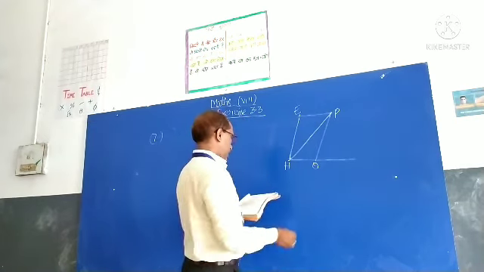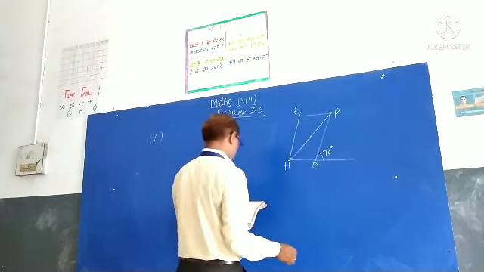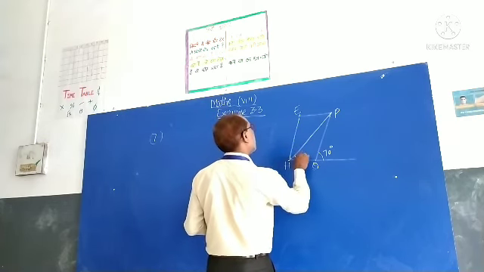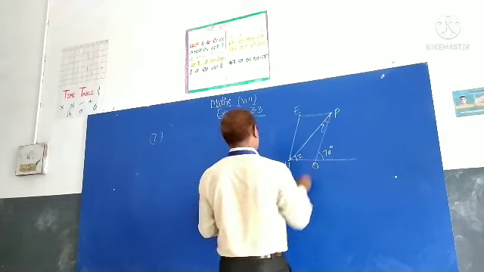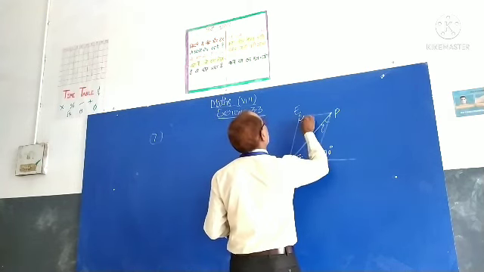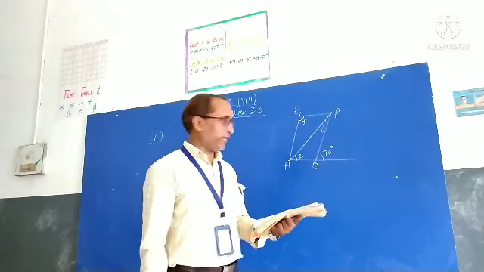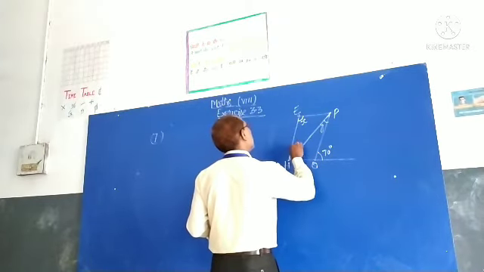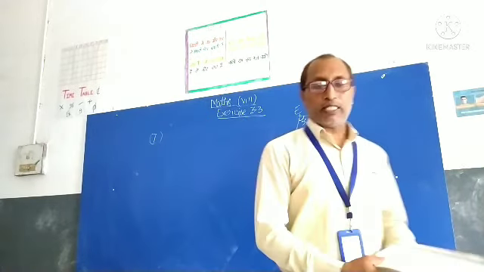Here is 70 degrees, and here is z, here is y, and here is x. You find out the value of x, y, z from the given information. Here is 40 degrees. Okay, just you write down.